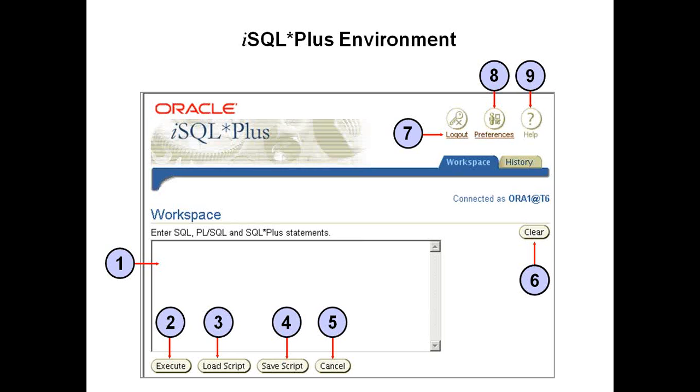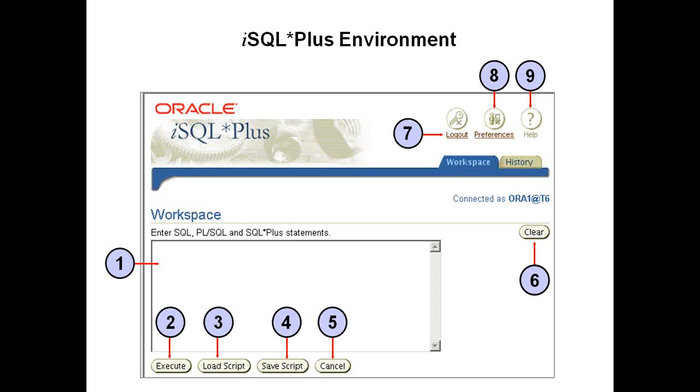This especially helps in cases where the developers have written a very long SQL script, containing somewhere around 100 or 200 lines. In those situations you can make use of this load script mechanism. And if you have written something, you can save that also as a script.